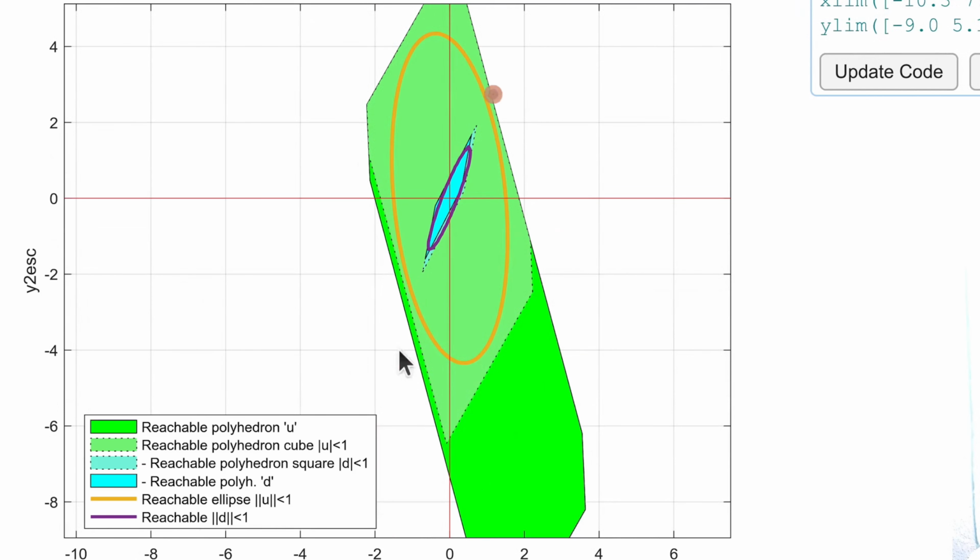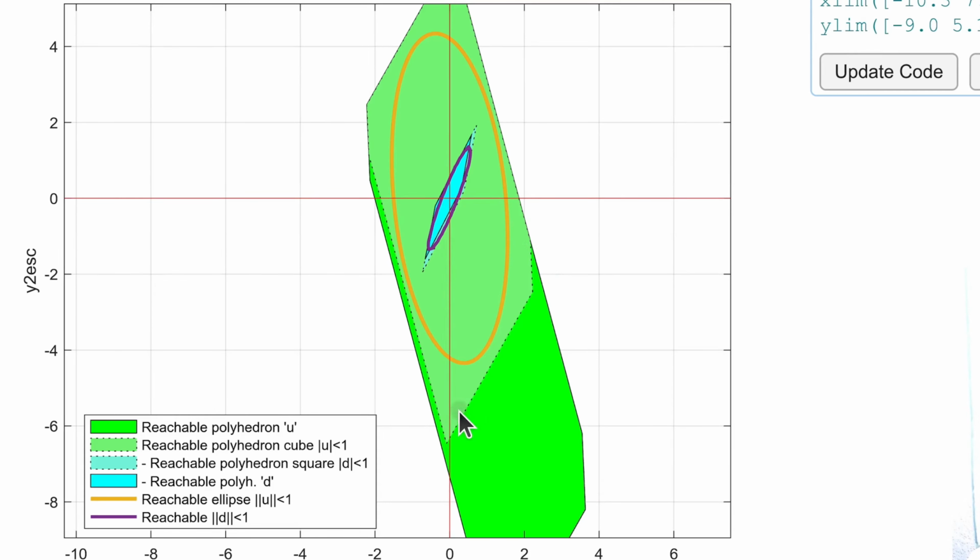And then the reachable ellipse we obtained with unit sphere manipulated inputs is the yellow one, so it's larger than the violet ellipse. And the dashed polygon here is the set of outputs that can be swept with the smallest conservative unit square input from the scaling.